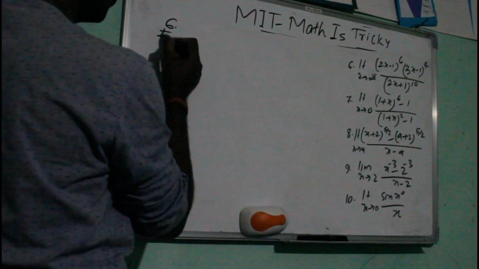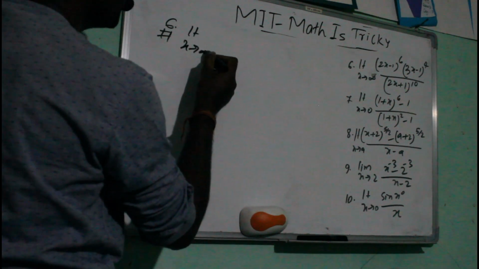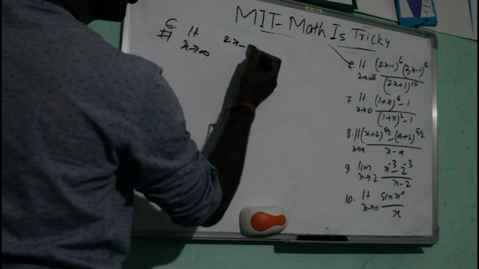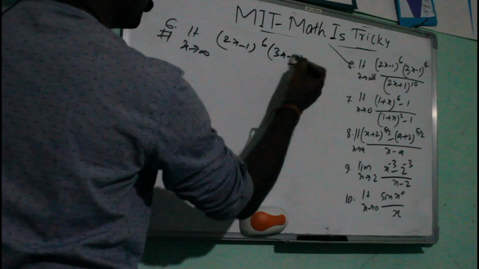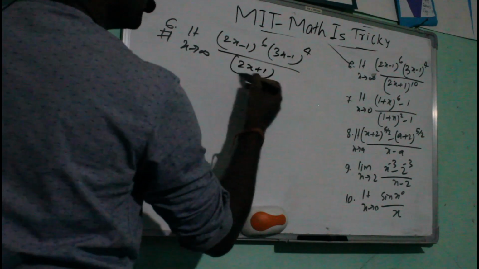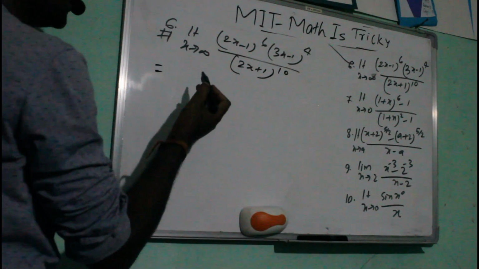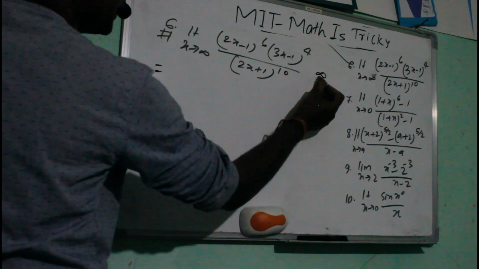Question number 6 here. The question is limit x tends to infinity of 2x minus 1 power 6 and 3x minus 1 power 4 by 2x plus 1 power 10. So how to solve this and what's its answer? It's very simple. See here, it is taking the infinity by infinity form.